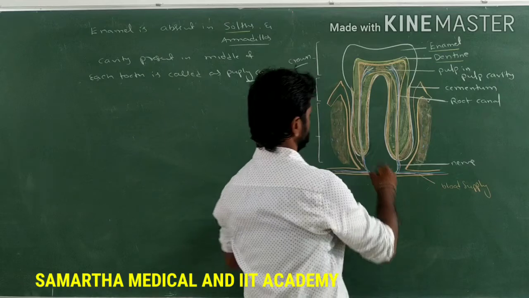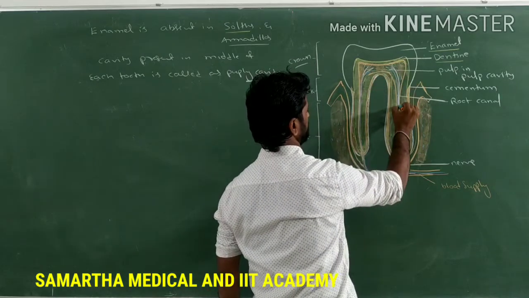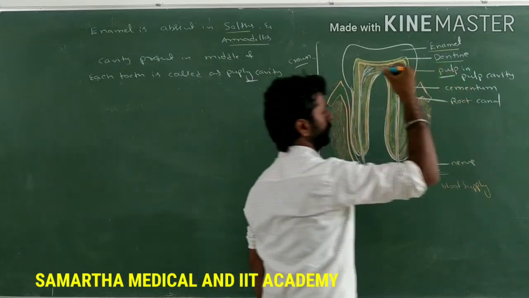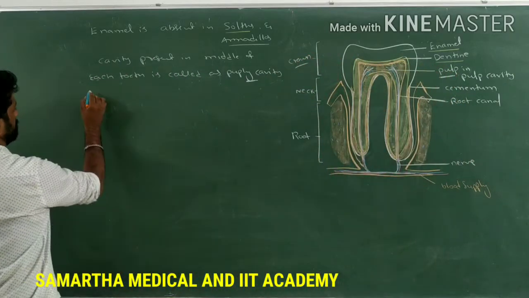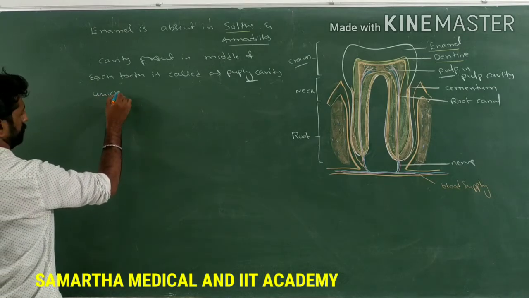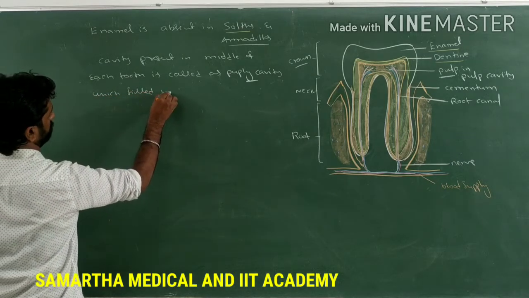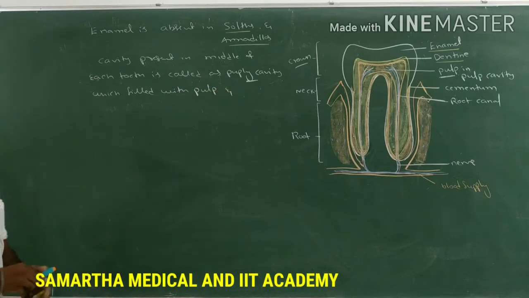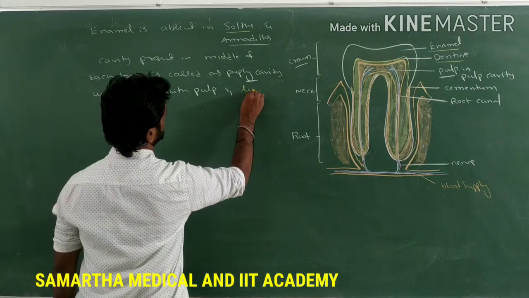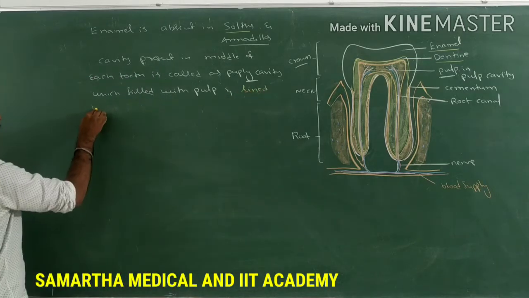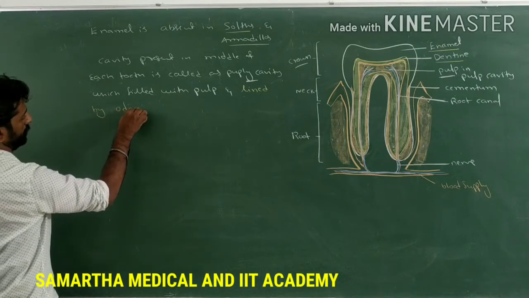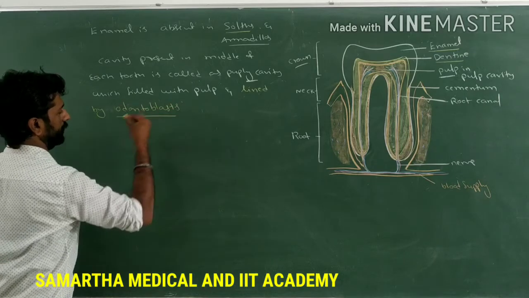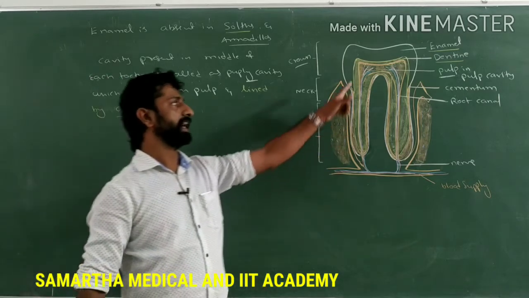This is the cavity present in each tooth, and this pulpy cavity is filled with pulp and lined by odontoblasts. So where do you find the presence of odontoblasts? They are lining the pulpy cavity of each tooth.